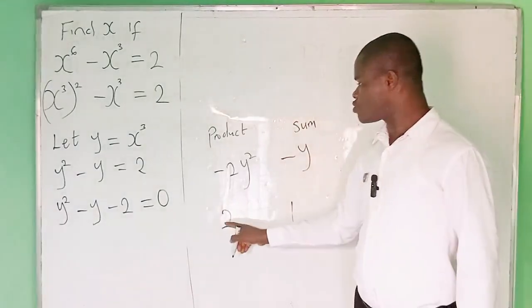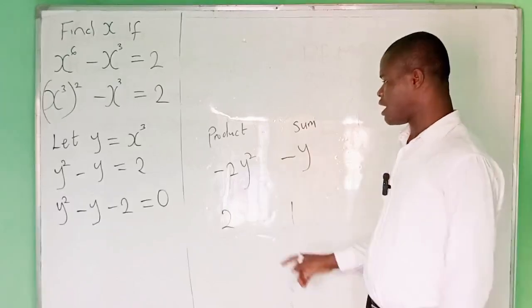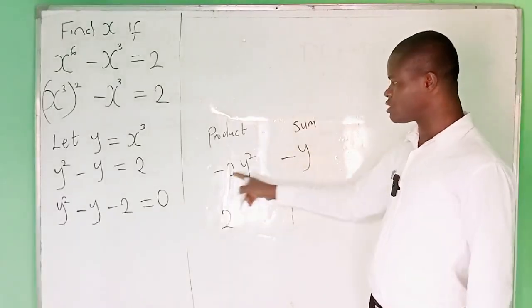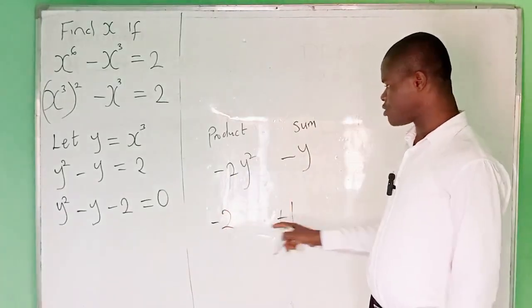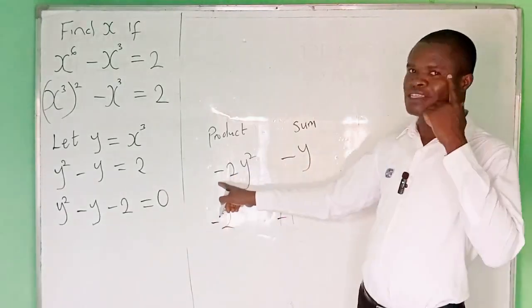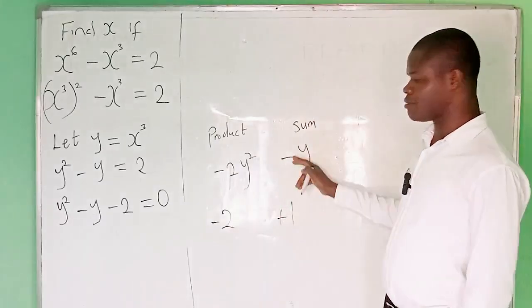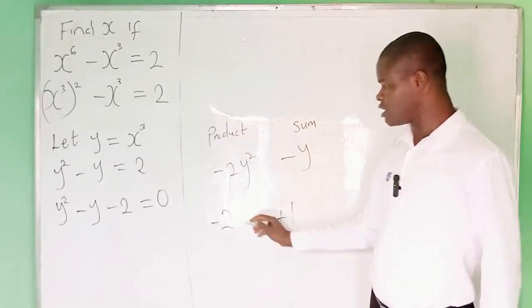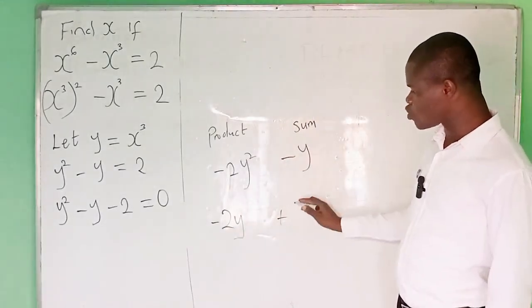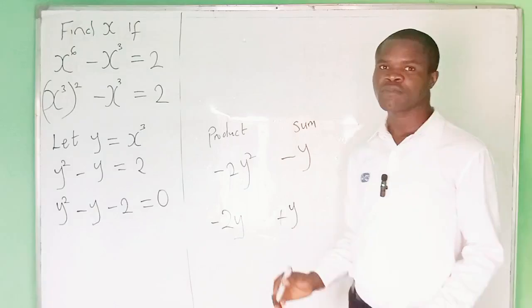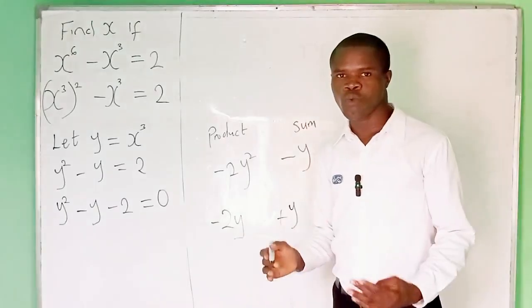So 2 times 1 will give us 2, and 2 minus 1 will give us 1. So I should put minus here and plus here, because minus times plus is minus. Minus 2 plus 1 is minus 1, so this is correct. The next thing to do is to attach y here, and replace this 1 with y, because in mathematics we don't write 1y.